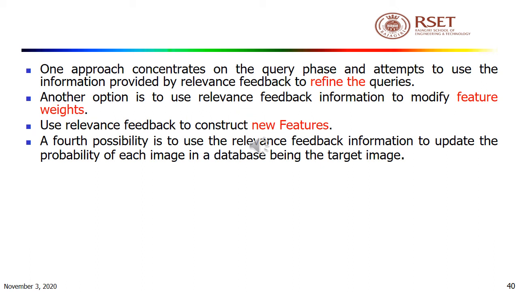One approach concentrates on the query phase and uses the relevance feedback to refine the queries. Another option is to use the relevance feedback information to modify the feature weights, as in the previous example. A third is to use relevance feedback to construct new features, and the fourth possibility is to use the relevance feedback information to update the probability of each image in the database being the target image.